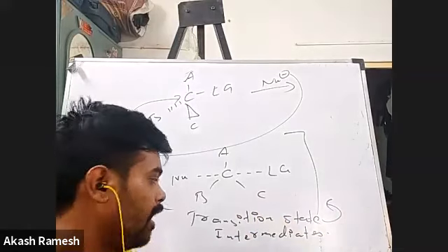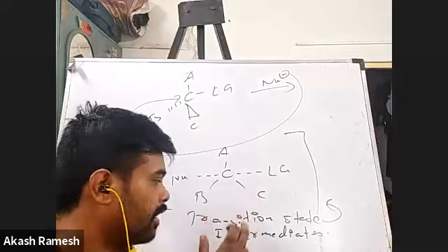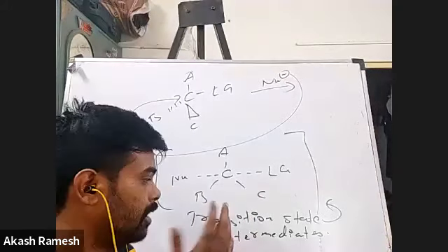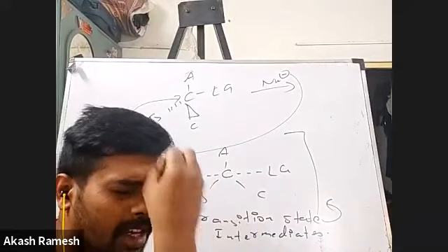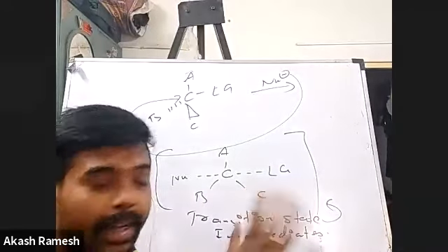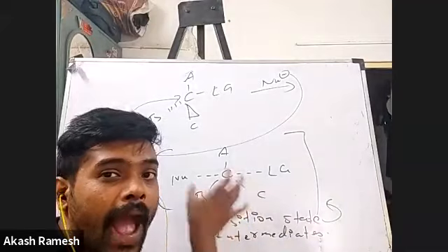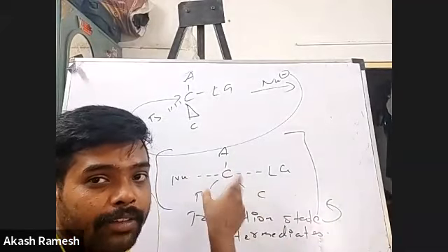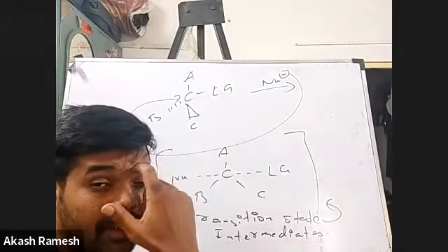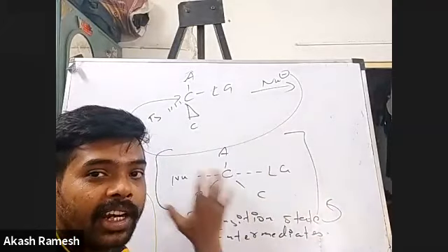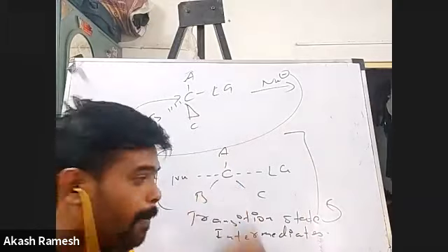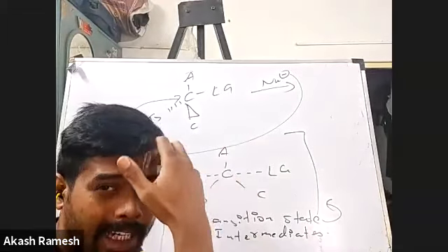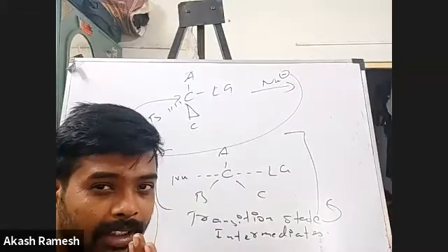Please understand, intermediates are more stable, and transition states are highly unstable. This is my activated complex which is getting formed in the reaction. Basically, this one only will have the activation energy. So the transition states correspond to the activated complex and they will have the activation energy, right?